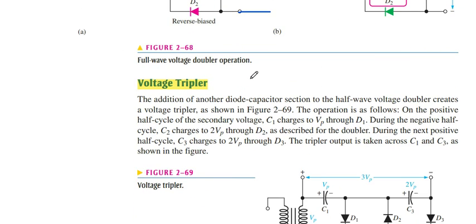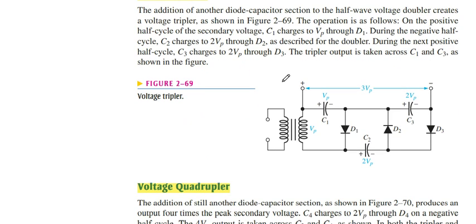Next, voltage tripler. What happens when the positive half cycle is going on? C1 charges to Vp because D1 is forward biased. Next, the cycle is passing through the circuit, and D1 is reverse biased and D2 is forward biased.